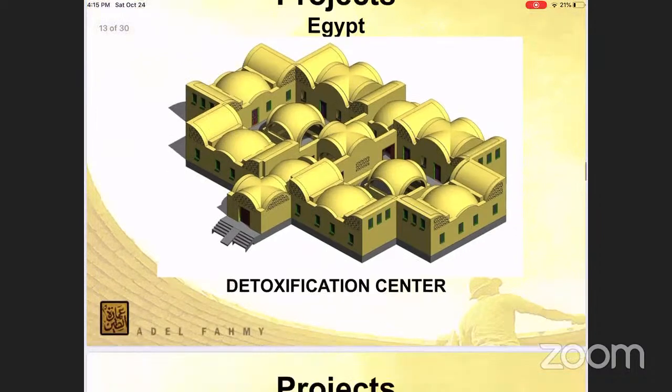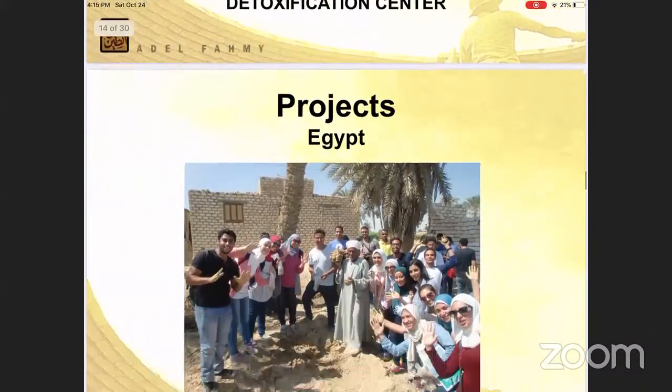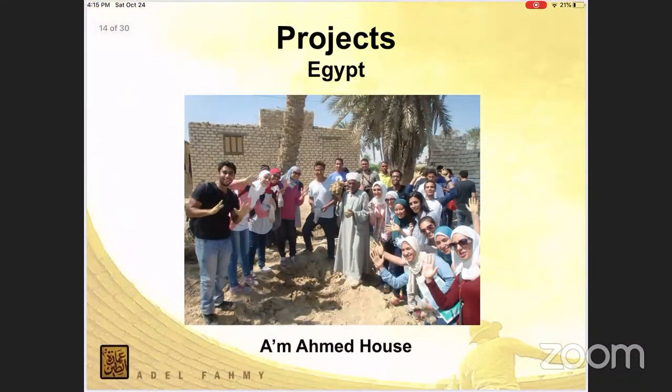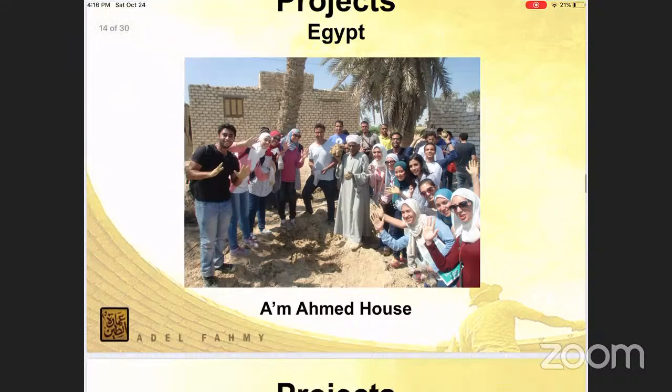So the second project is our house, Ahmed's house. He is a poor man, our dear friend Ahmed, and he needed a house. So we went with a lot of young people to produce CEB and to help with the construction of his house.